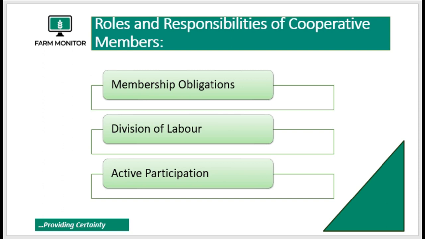There is division of labor. Roles and responsibilities must be shared among members so that not just a few of the members bear the burden. All members must actively participate, attend meetings, make suggestions, inputs, and all of that.